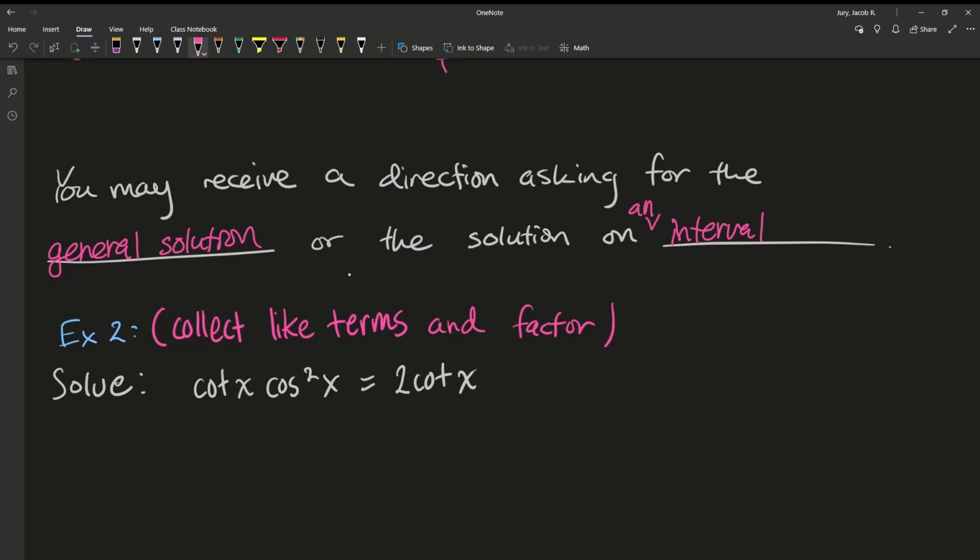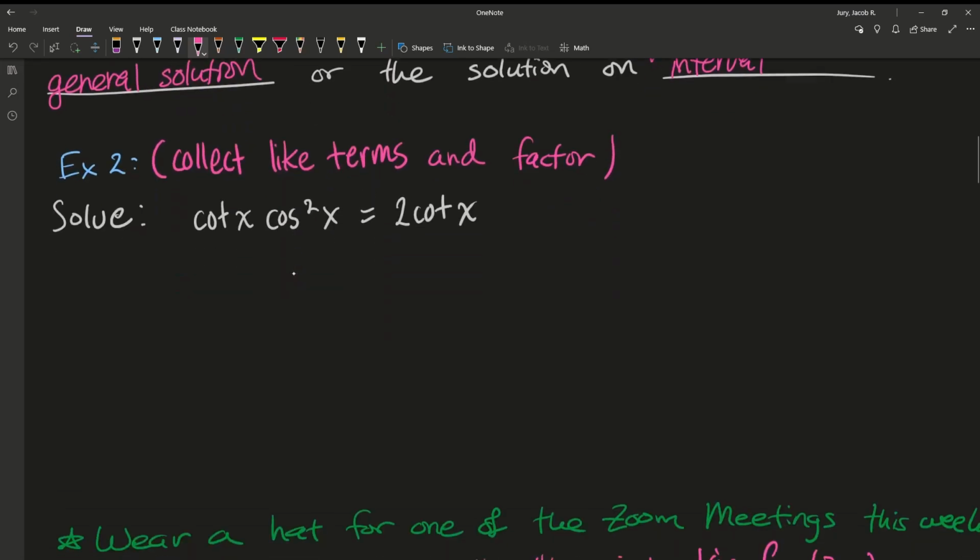So for this second example, I want to collect like terms and factor. So I'm going to kind of start off like how I did on the first one, and I want to get my cotangents together. Last time it was sine, now it looks to be cotangent.